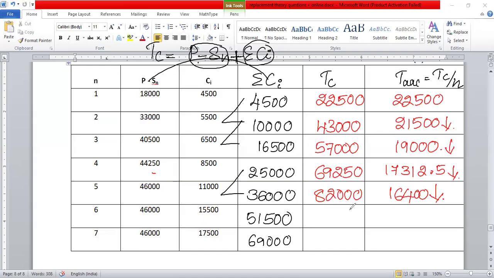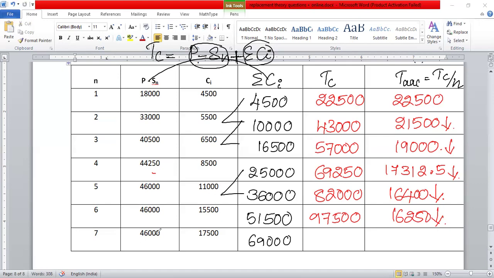51,500 plus 46,000 is 97,500, divided by 6, so 16,250. Again decreases.